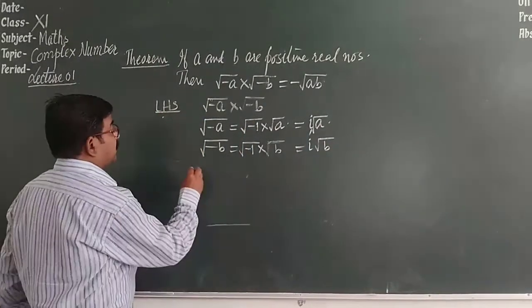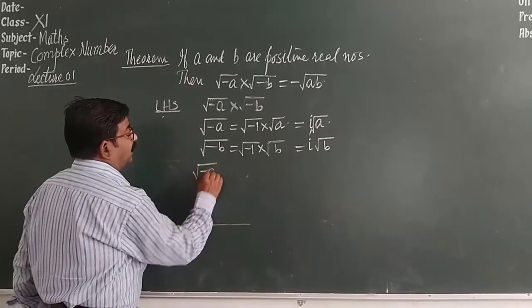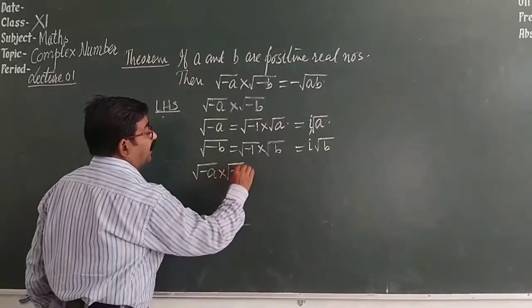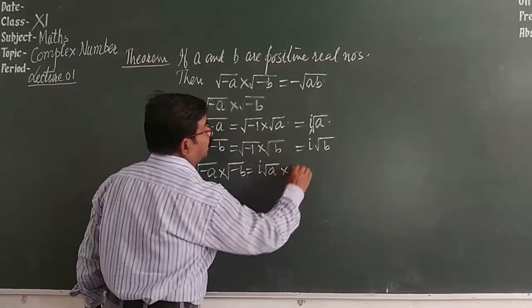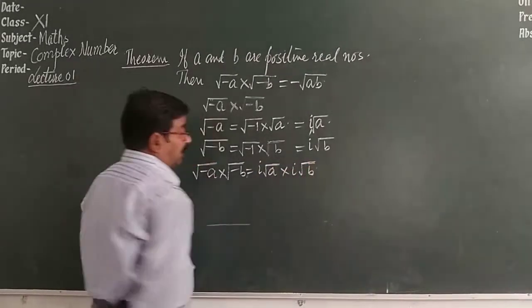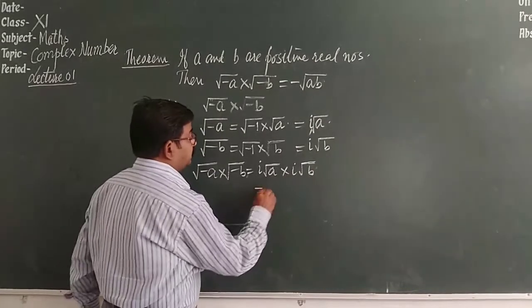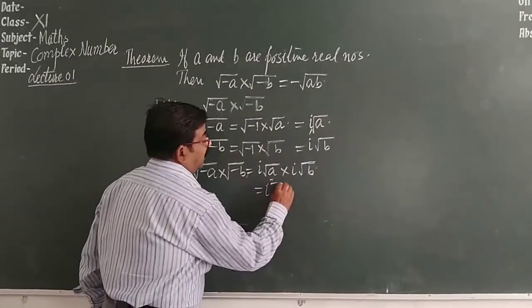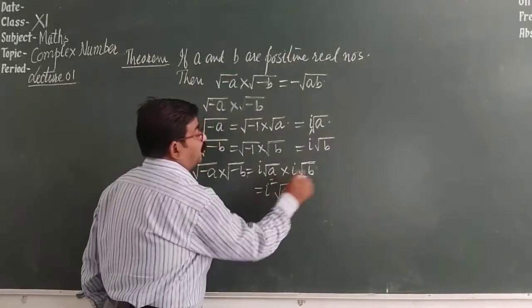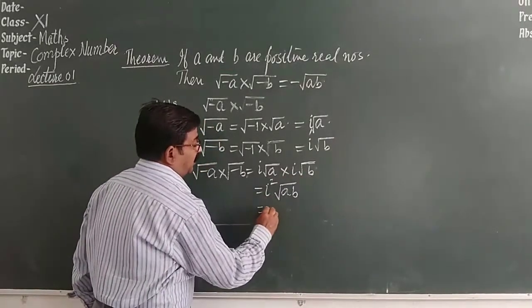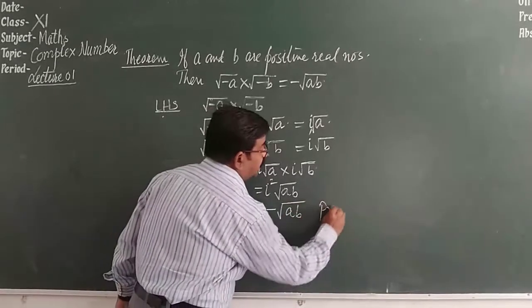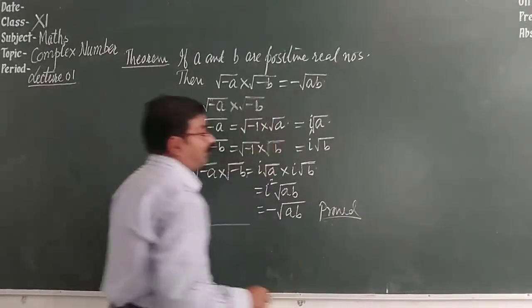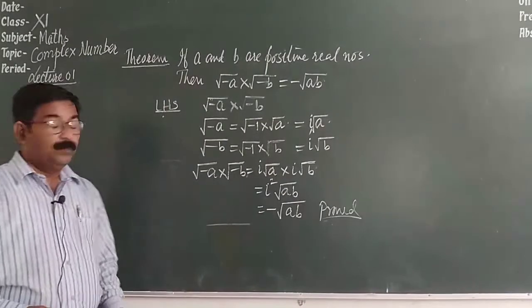In the product, under root minus a into under root minus b is i under root a into i under root b. i into i is i square, and under root a into b. i square is minus 1, so this is minus under root ab. So this theorem is proved.